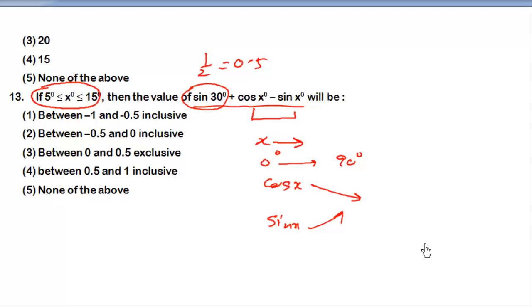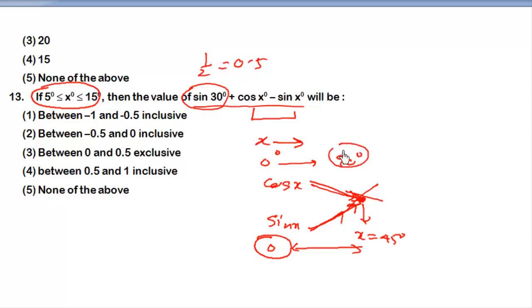So cos of x decreases but sine of x increases, and they become equal at x equal to 45 degrees. So for x between 0 and 45 degrees, the sine of x value will increase, but the cos value will start decreasing, and the maximum value of cos will be at 0 and the minimum value of cos will be at 90 degrees, right?